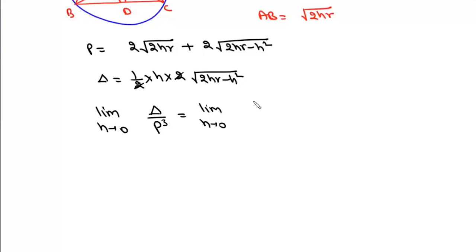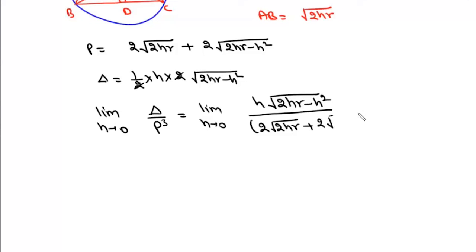Now delta is h into under root of 2hr minus h square upon, and P cube will be 2 root 2hr plus 2 into under root of 2hr minus h square, whole cube.